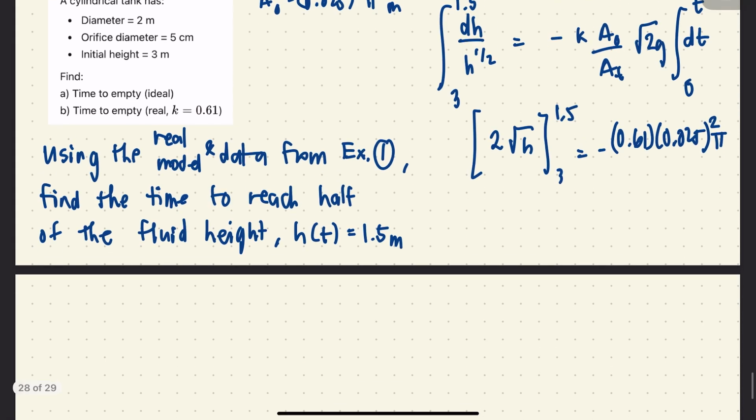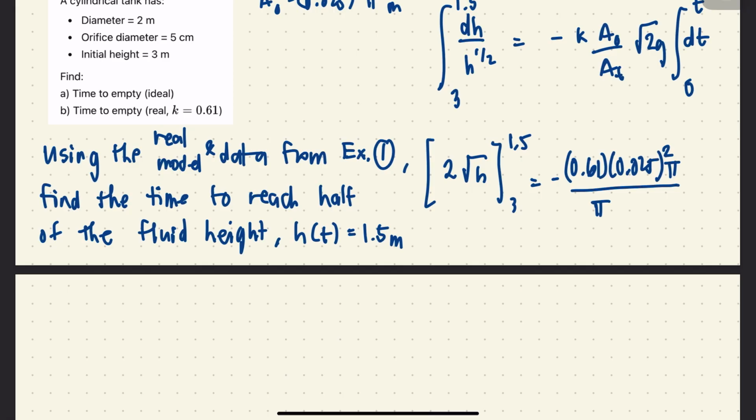I think we can continue it on the other page. Let's continue here. And then over A sub t, which is pi, then square root of 2g times t. This is multiplied by t.